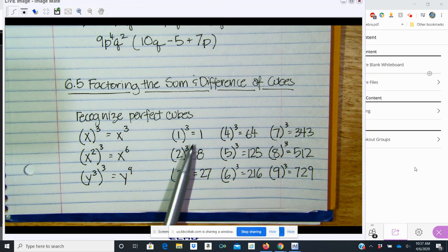I myself have found that knowing the first 5, 1, 8, 27, 64, and 125 covers about 75% of the cubes that you're going to run into when they ask you to factor perfect cubes. So just knowing these first 5 is a great help.